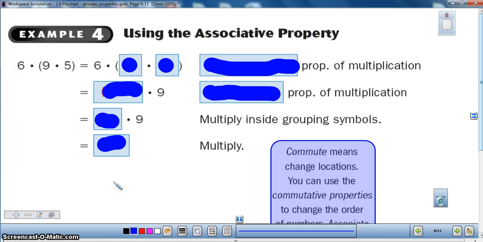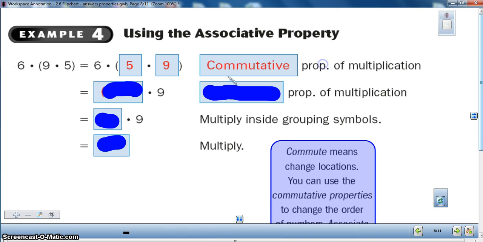Again, using the associative property with multiplication, in this problem we have 6 times 9 times 5. If we're going to multiply the 5 times 9, notice we switch the order around. That's our commutative property. Now if we want to move the parentheses and multiply the 6 times 5, the main reason for wanting to multiply 6 times 5 is that's 30.